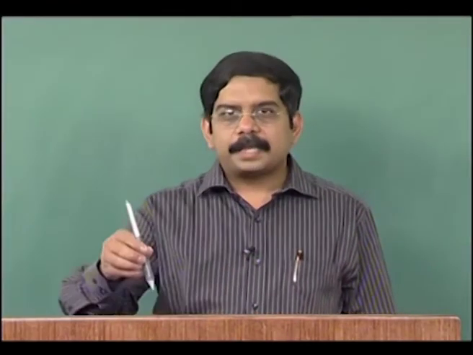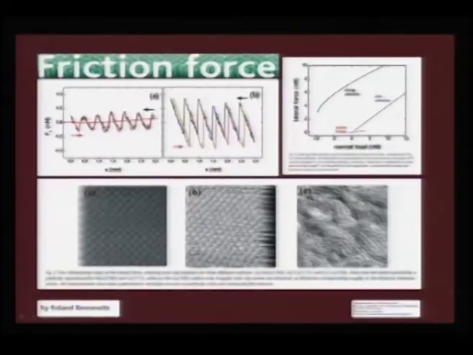But once you place a load on your cantilever, then when it is placed on the top of an atom, it will actually take a frictional force until it is moved to the other atom, which will come out as a jump.